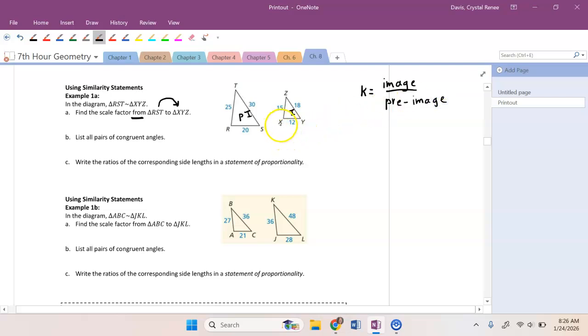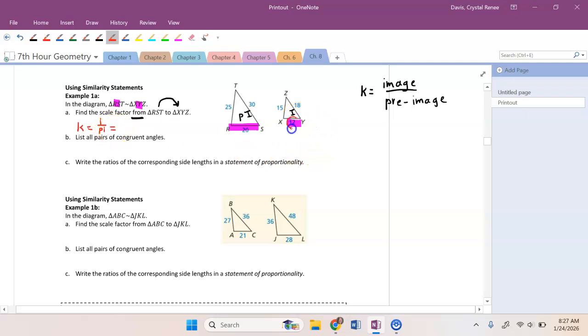Okay, so here all we need to do is find corresponding lengths. So RS is right here. Okay, and that corresponds with the first two over here, XY, which is right here. Okay, so the length of the pre-image is 20, the corresponding length of the image is 12. So we can find the scale factor as image over pre-image.